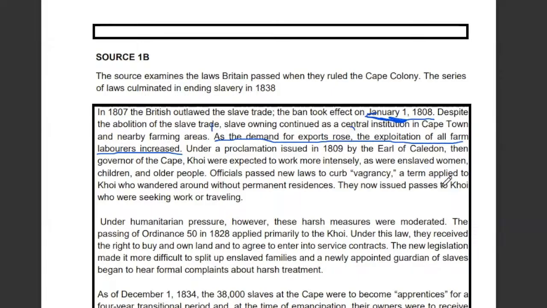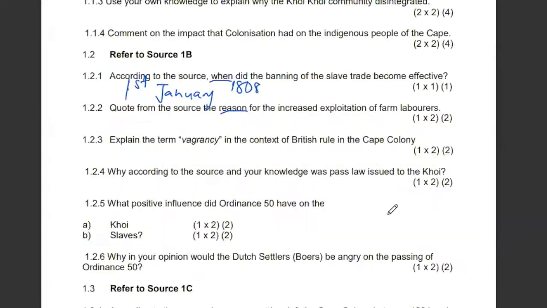That is where we get our answer. That is what we must extract. So we are saying as the demand for exports rose, that was the reason that facilitated the increased exploitation.